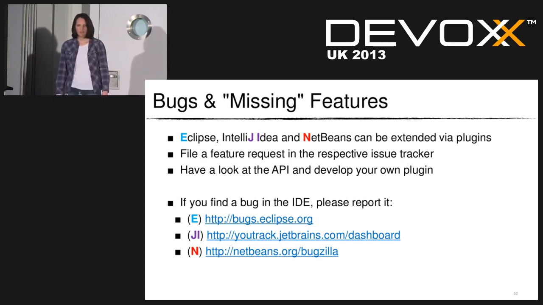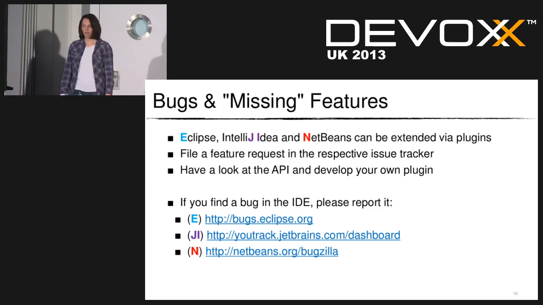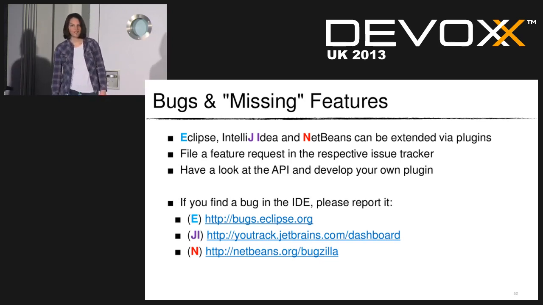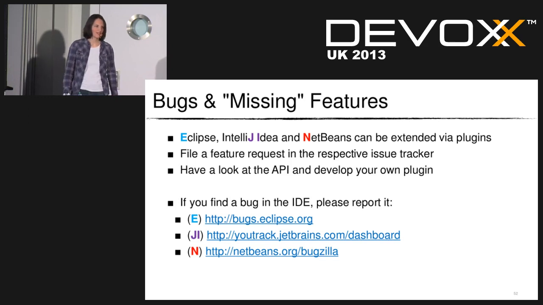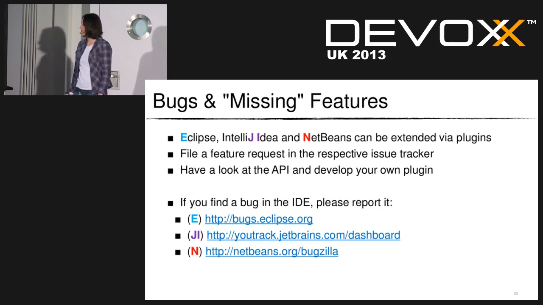And if you find a bug in your IDE, we are all developers, so we know how bad it is if nobody's telling you that there's a bug in your code you have written. And please file a bug report for this. If you think there's a feature missing in the IDE, please go to the preferences and search for it first.